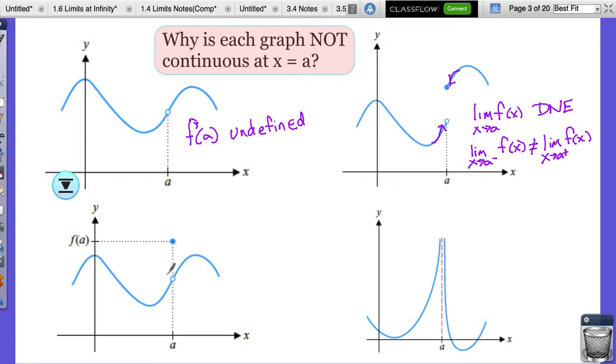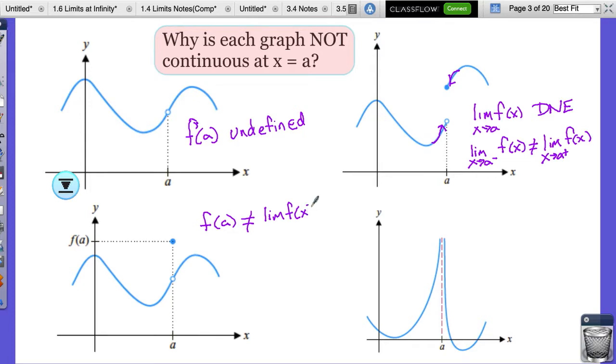All right, what about the one at the bottom left? The function's defined, yes. There's an actual point there at a, f of a, but that's not the same thing as the limit.